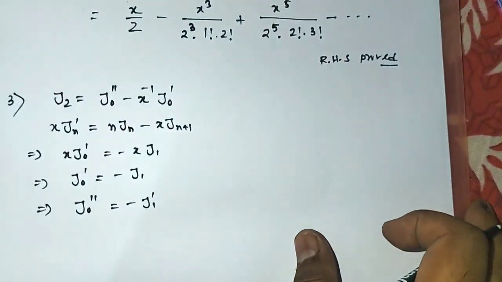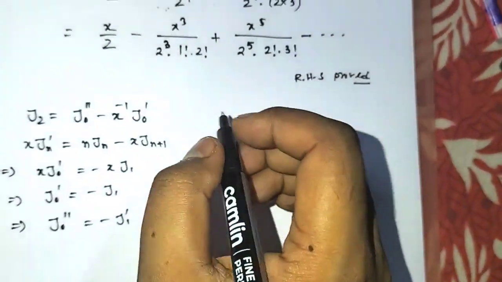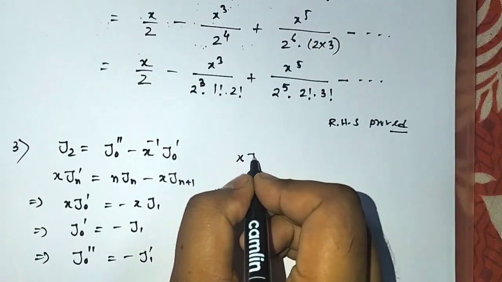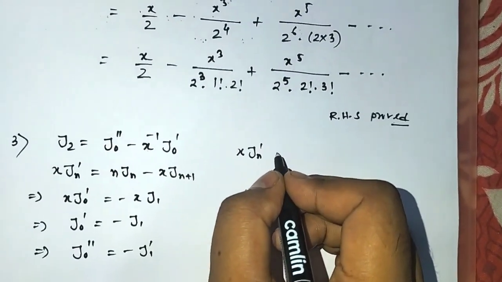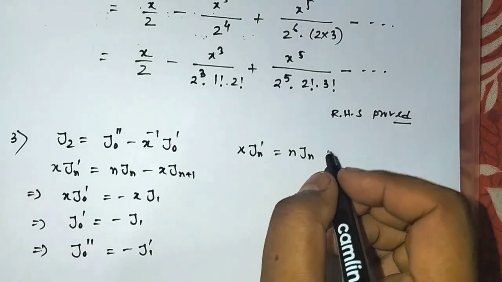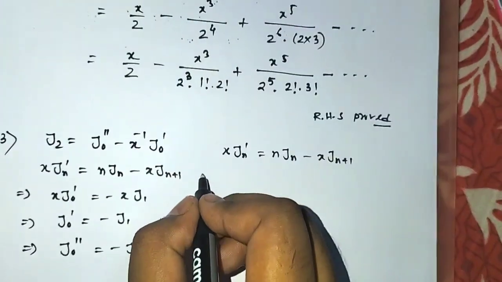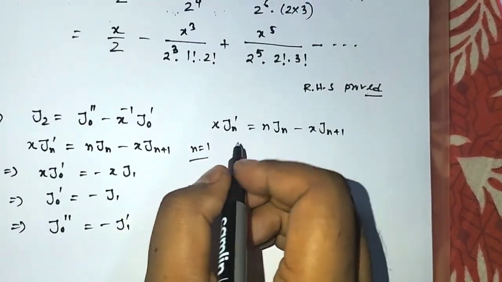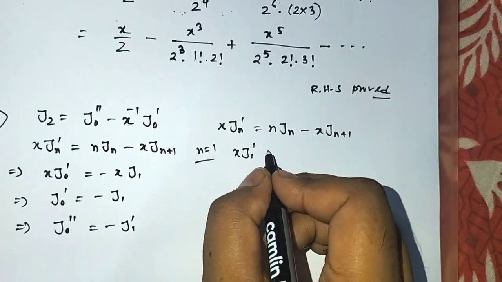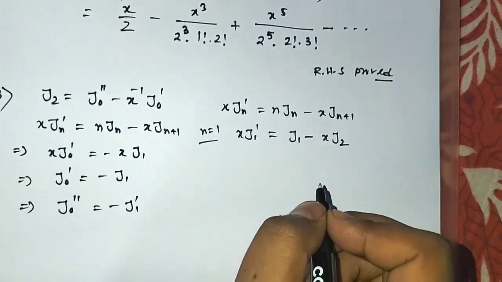Now I need another recurrence relation. You all know that x Jn' equals n Jn minus x Jn+1. Now here substitute n equal to 1 and you will get x J1' equals J1 minus x J2.